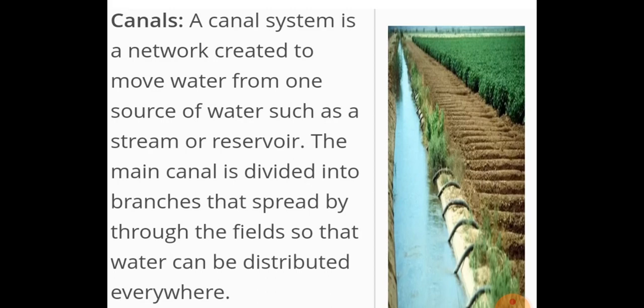So if there is any stream or river or pond, trenches or canals are made from there so that the water is drawn to the fields. First a main canal is made, that main canal leads to the field, and then that canal is divided into several branches and spread into the field, so that the water is evenly distributed everywhere.